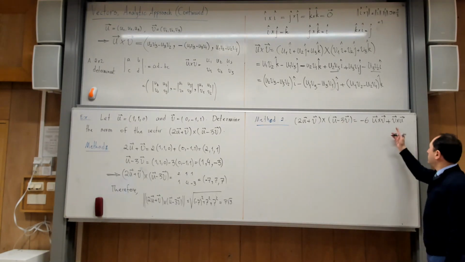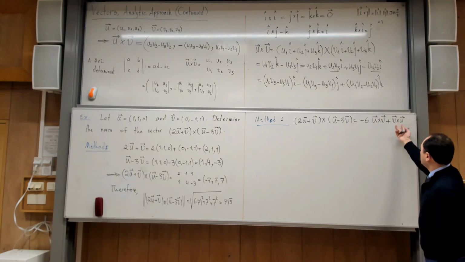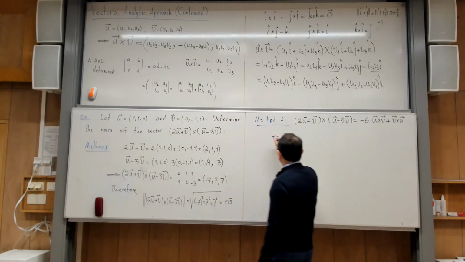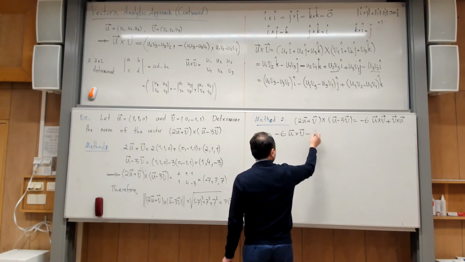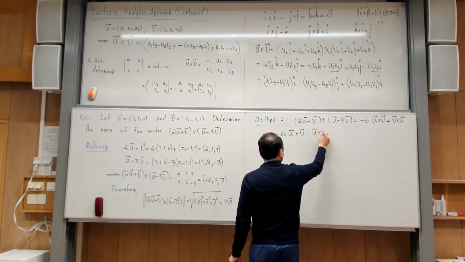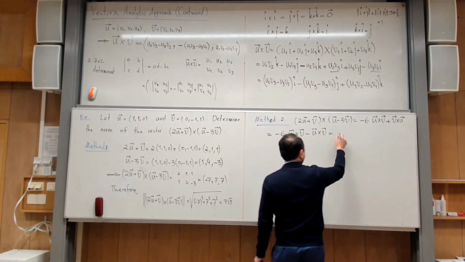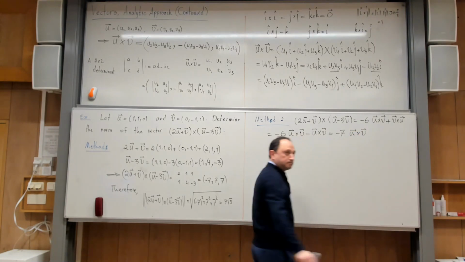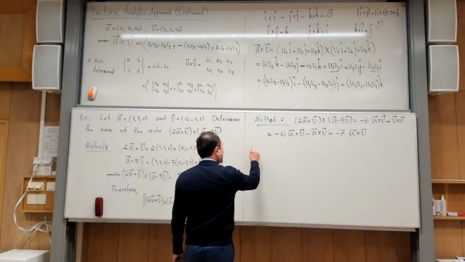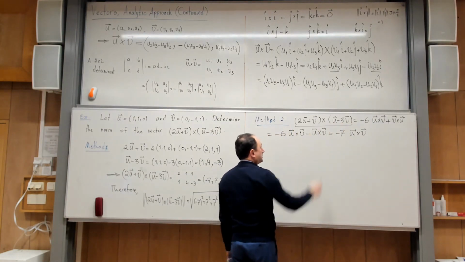And then what happens? u cross v and v cross u are not the same, but they differ only by a minus sign. So I interchange that, and the price I have to pay is to make it negative. And then this is minus 6 of them, minus 1 of them, so it is minus 7 of them.